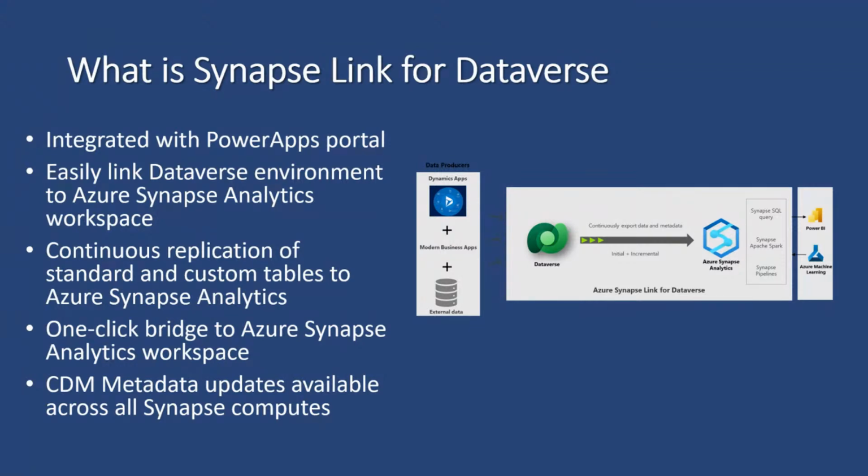So if you're looking at high volumes of data, moving it out of Dataverse and into Synapse so that we can then report off it is the approach to go with. This is really focused on very large data sizes, hundreds of thousands or millions or bazillions of records. This is the approach to go with.